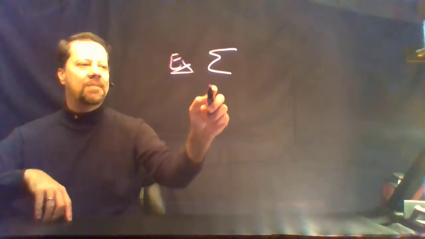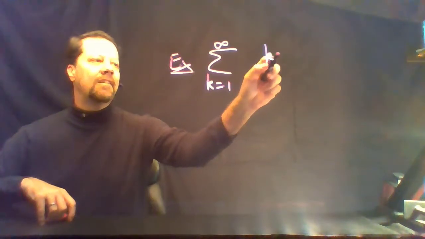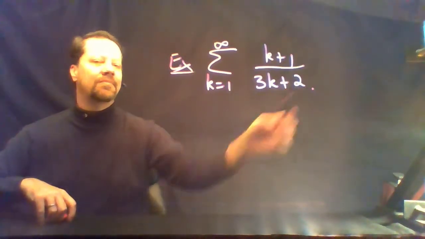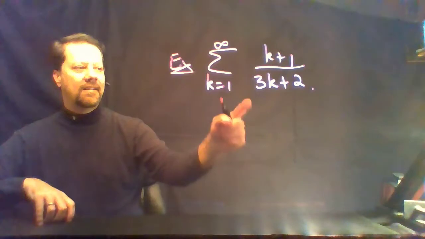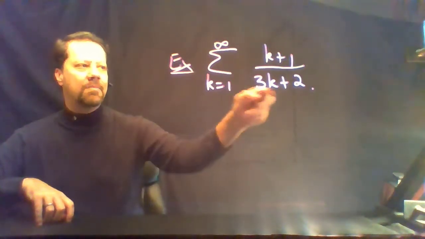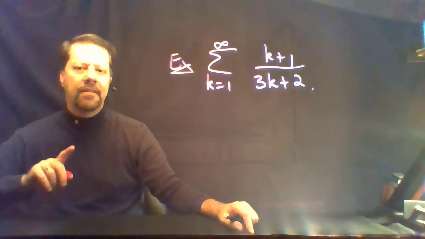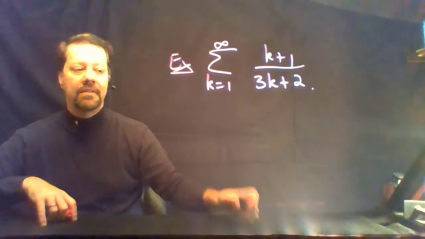In another example, let's suppose we're dealing with the sum as k goes from 1 to infinity of (k+1)/(3k+2). Converge or diverge? In this case, it looks like the terms of the sum are tending towards the value of 1/3. The divergence test tells us that if the terms don't go to 0, then the series must diverge.